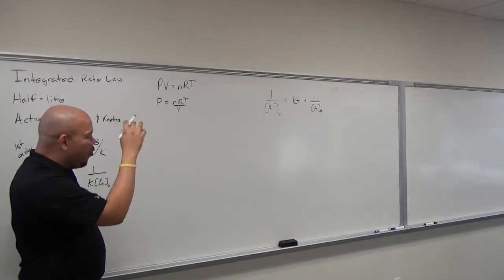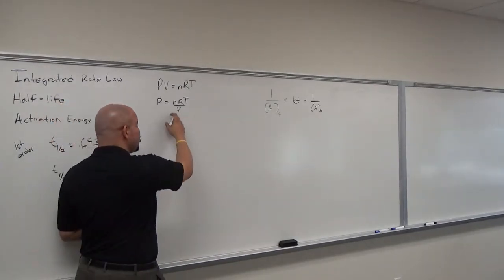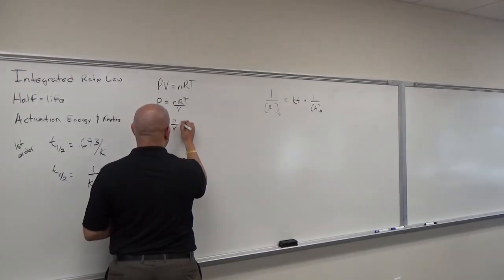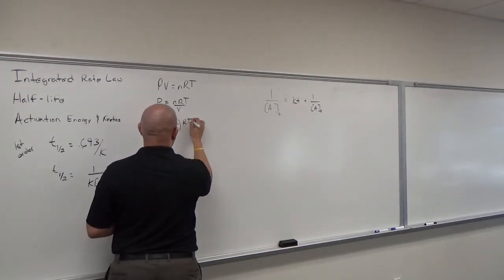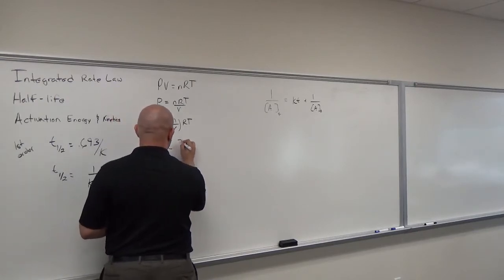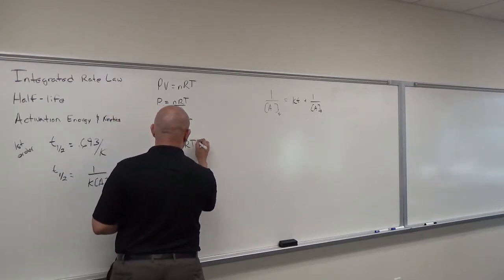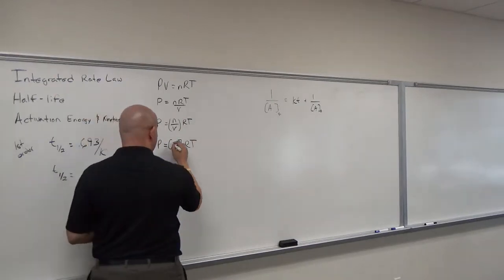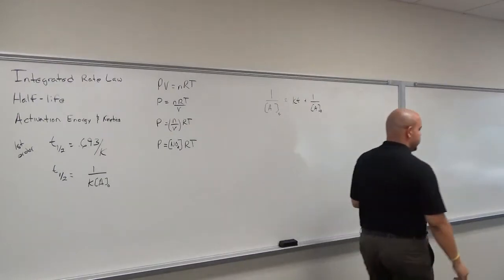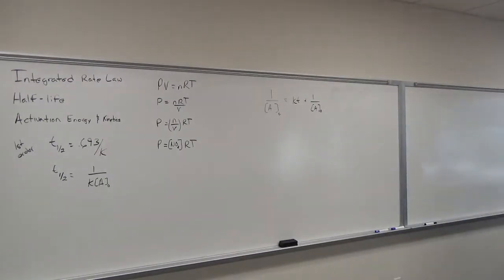But what we don't really recognize here is that concentration is actually a part of this, because n over V is equal to the concentration of whatever we're dealing with. Which means that the concentration of NO2 is directly proportional to the pressure.